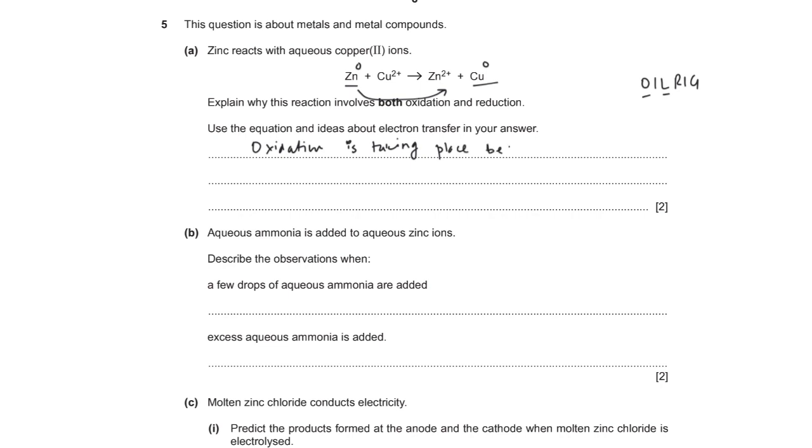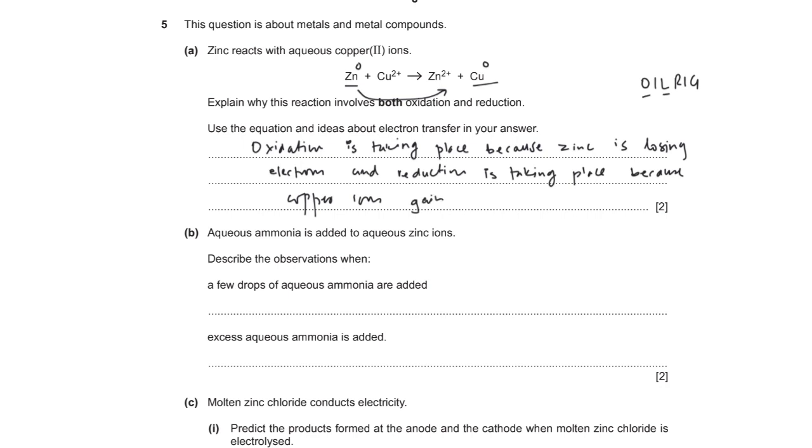Oxidation is taking place because zinc is losing electrons, and reduction is taking place because copper ions are gaining electrons.